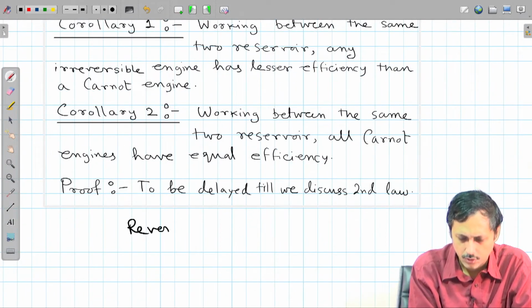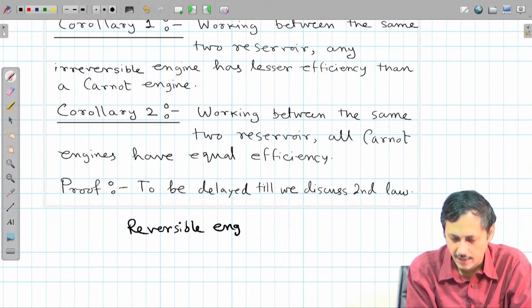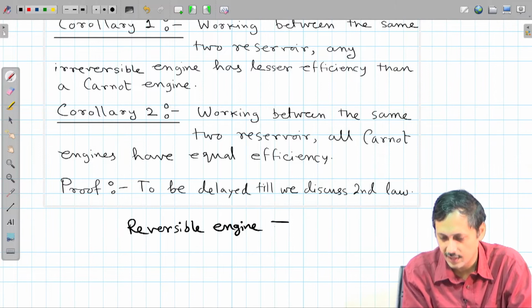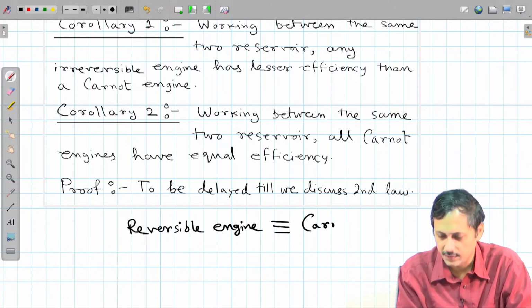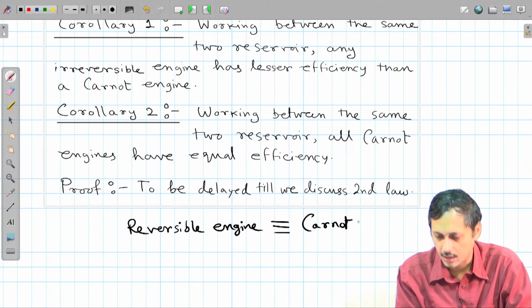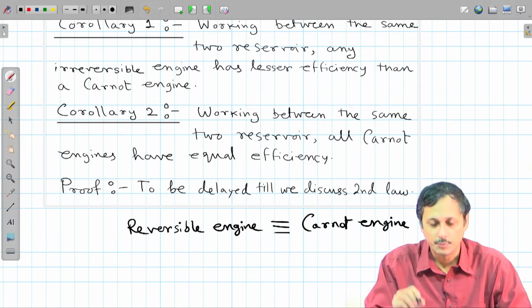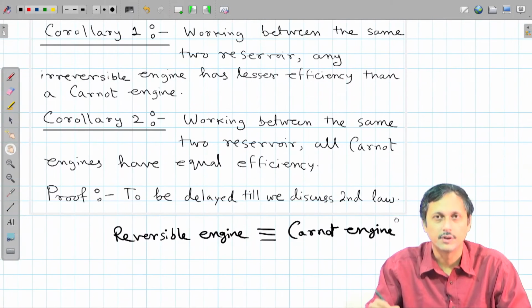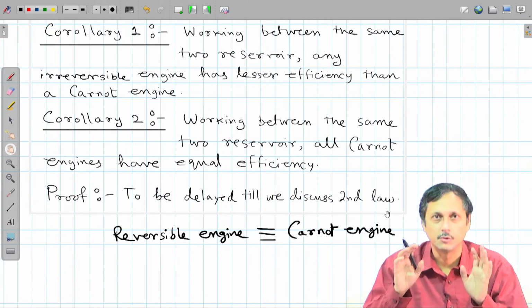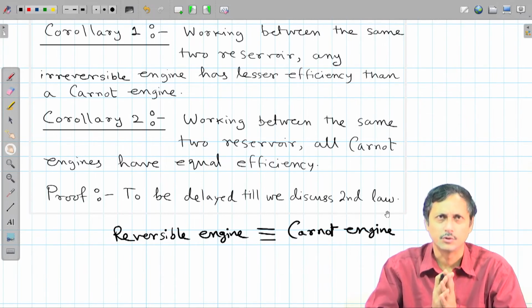So, when we say Carnot engine, we mean reversible engine and vice versa. Okay. So, please keep this in mind for the remaining discussion on thermodynamics. Whenever we talk about a reversible engine, it means a Carnot engine, and the reverse is also true.